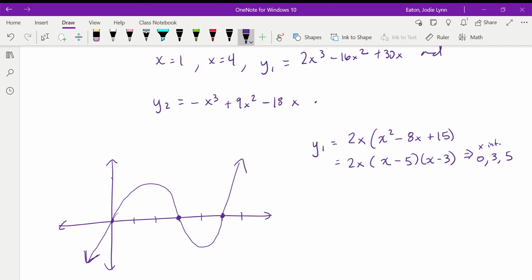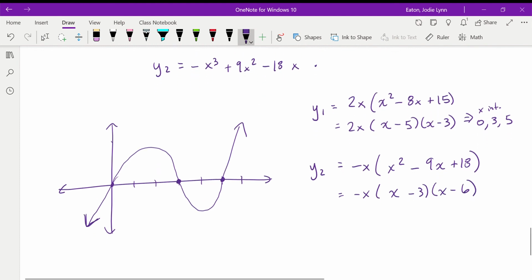Okay, and then y2. We can factor out a negative x, which leaves us with x squared minus 9x plus 18. Factoring that, we get minus x times (x minus 3) times (x minus 6).